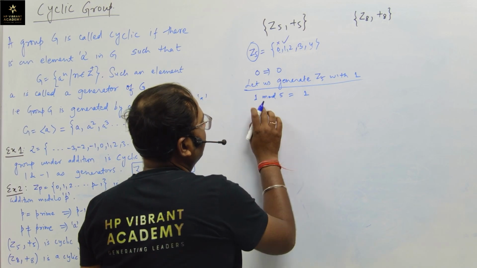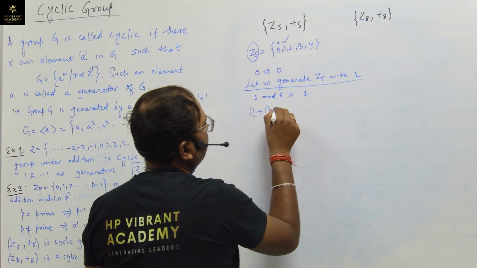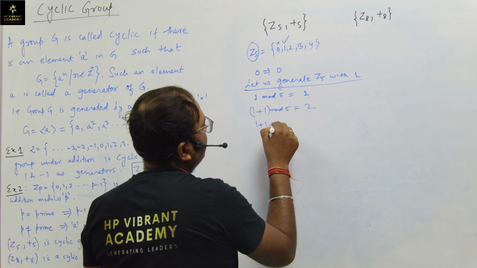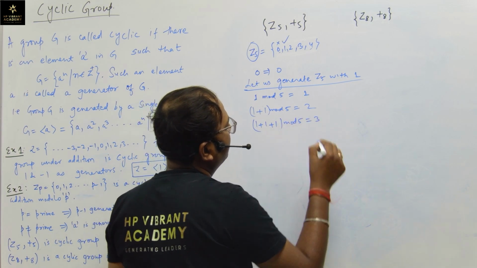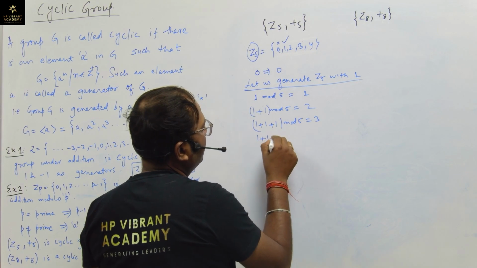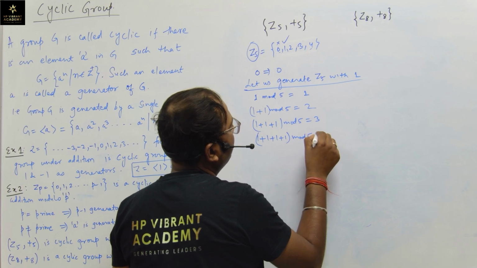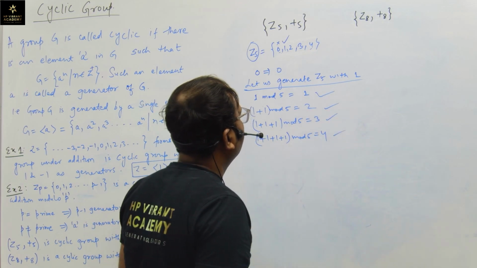Now let us operate 1 2 times: 1 plus 1 mod 5, this is 2. 1 plus 1 plus 1, 3 times operation with mod 5, this is 3. Now we have 1 plus 1 plus 1 plus 1, this is 4 times operation, mod 5, this is 4.